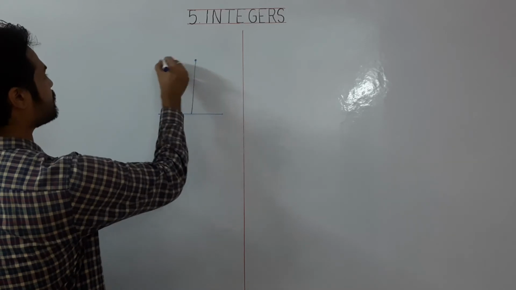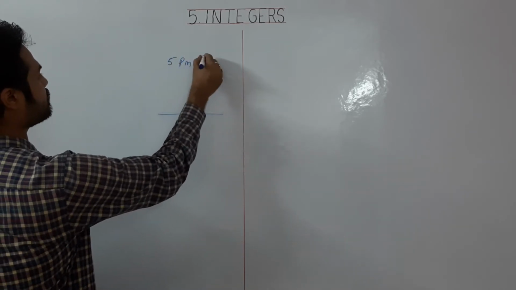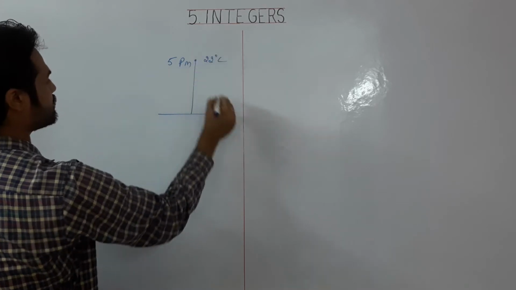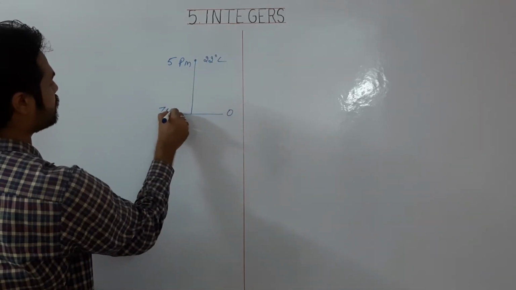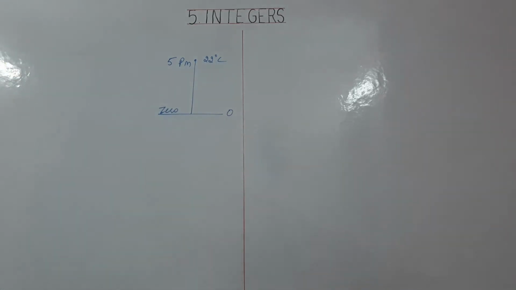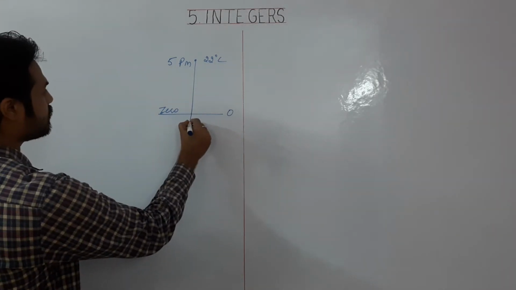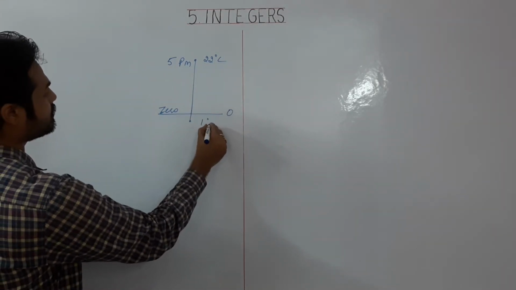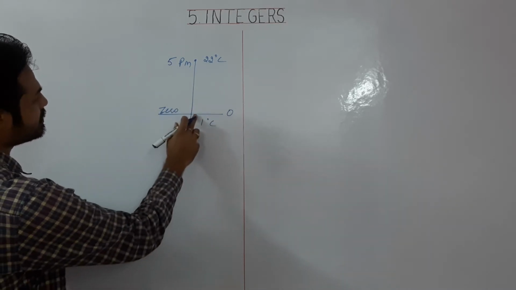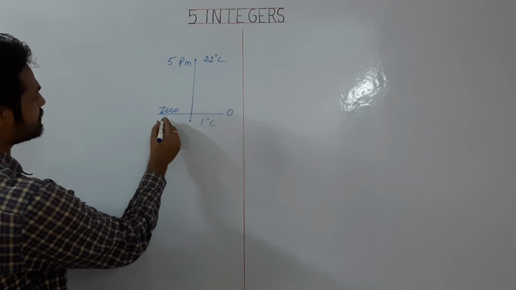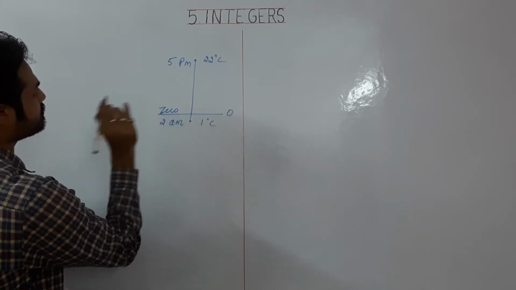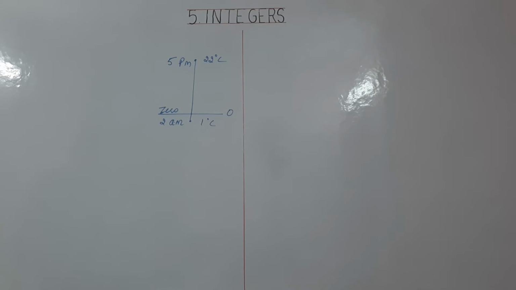Say this is the temperature at 5 p.m., 22 degrees Celsius, and this is 0 or datum for temperature measurement. Now at 2 a.m. the temperature was 1 degree below 0. If this is my 0, then 1 degree Celsius or centigrade below 0 was the temperature at 2 a.m. So at 5 p.m. the temperature was 22 degrees centigrade above 0.